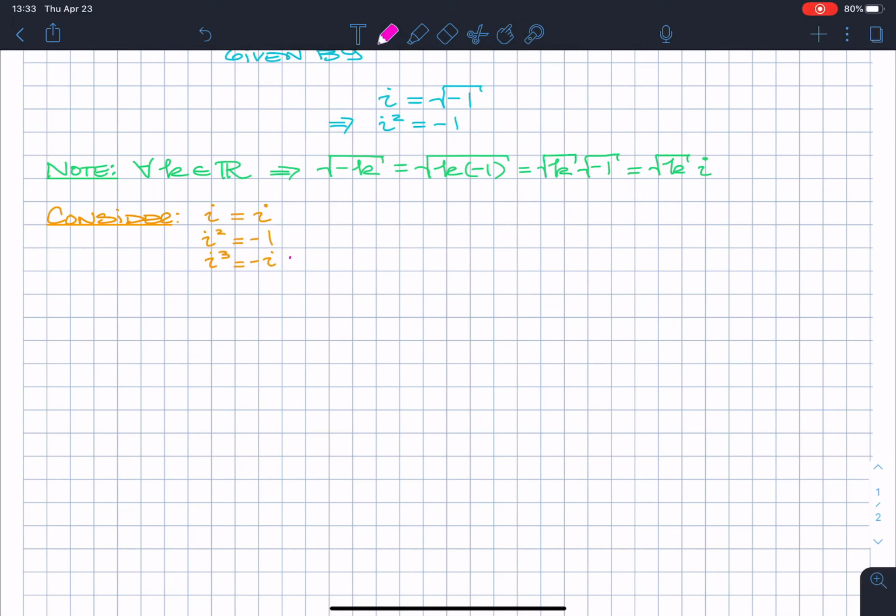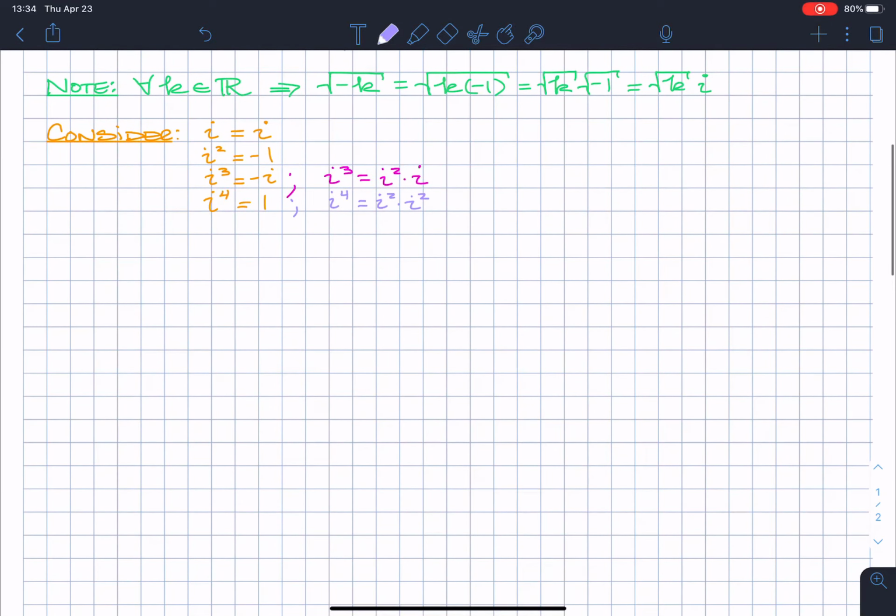That's because i cubed is i squared times i, and i squared is -1 and i is just i. Whereas i to the fourth is going to be 1, and why is that? Well, that's because i to the fourth can be thought of as i squared times i squared, using properties of exponents. So a -1 times a -1 is a +1.